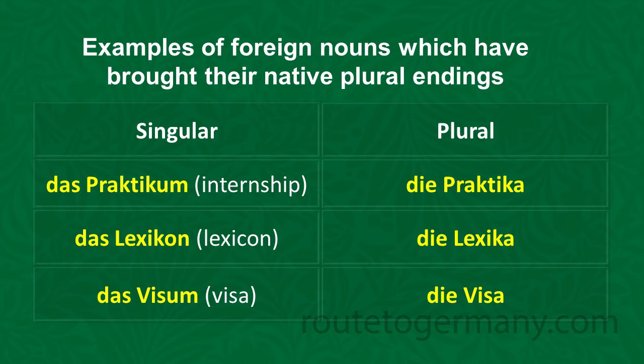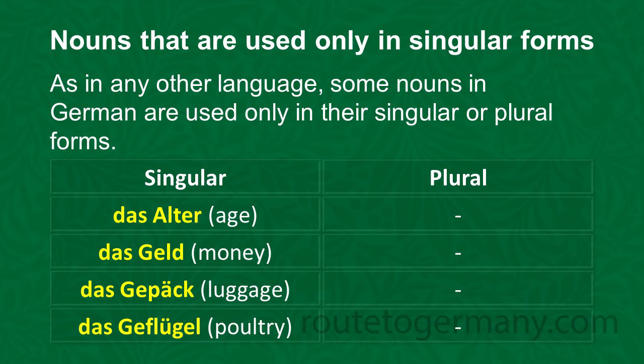Examples of foreign nouns which have kept their native plural endings are das Praktikum, die Praktika, das Lexikon, die Lexika, das Visum, die Visa.